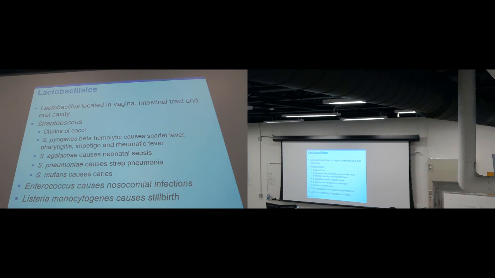So these bacteria, besides causing pharyngitis, cause scarlet fever, impetigo, and rheumatic fever in the long run. Impetigo is an infection in the skin, and rheumatic fever is a sequela. A sequela is a consequence that happens after having repetitive infections.